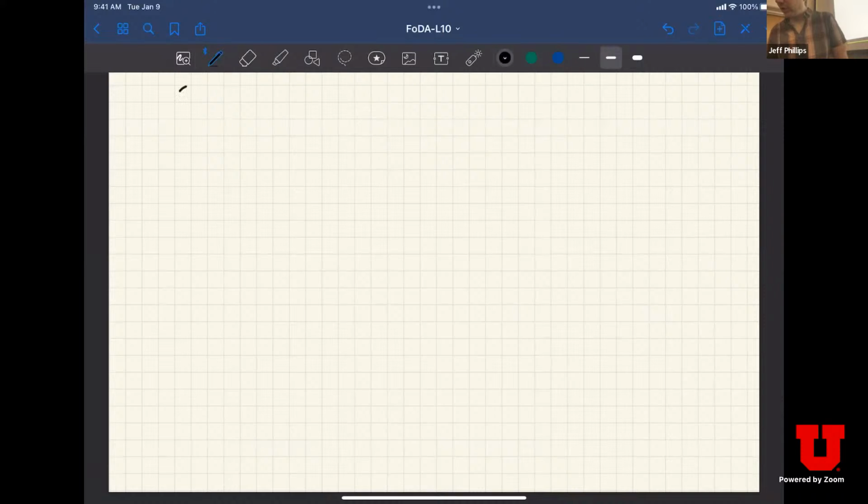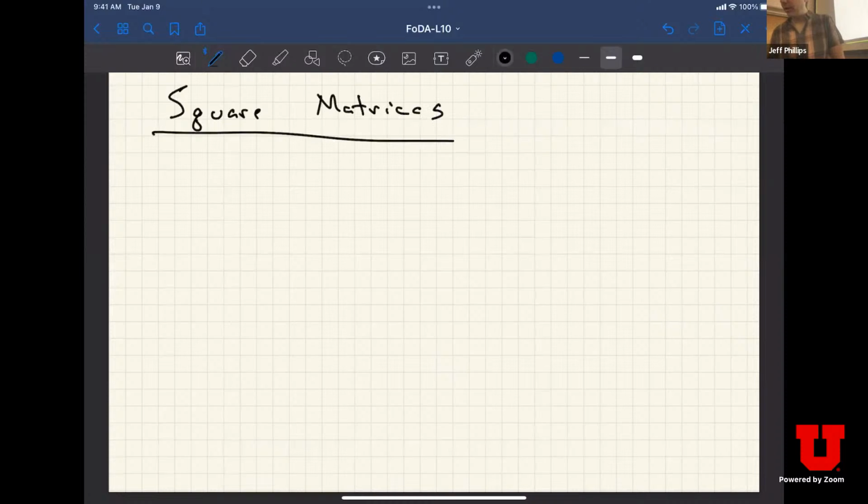This lecture will mainly be about square matrices. A matrix is going to be an uppercase letter, and I'll tend to use things like M for a square matrix.